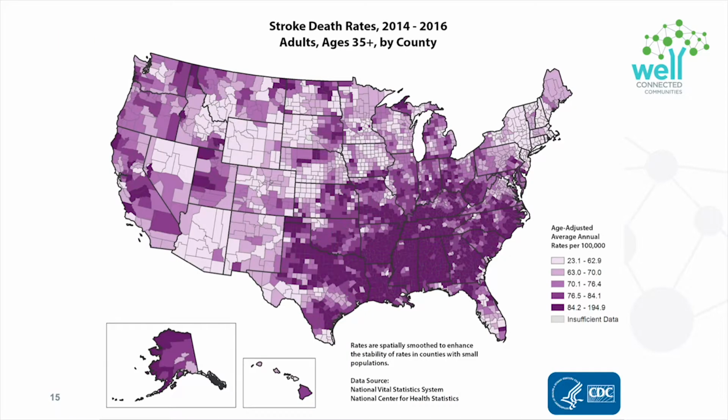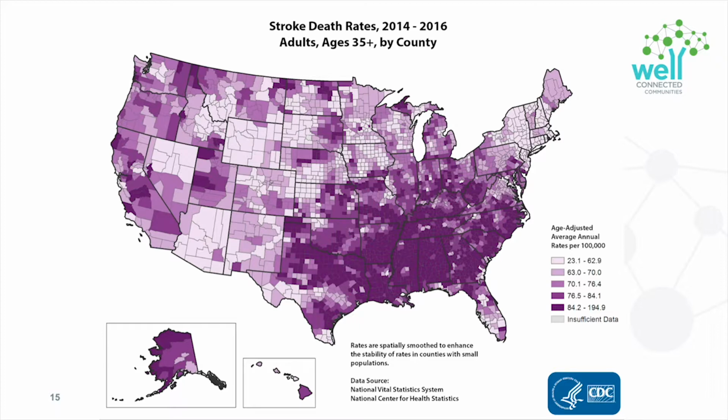This map shows stroke death rates among adults aged 35 and older in the U.S. Unlike the map on the previous slide, it is divided by state and by county. You may be able to find your county and state. Counties coded with darker colors have higher stroke death rates than counties in lighter shades.